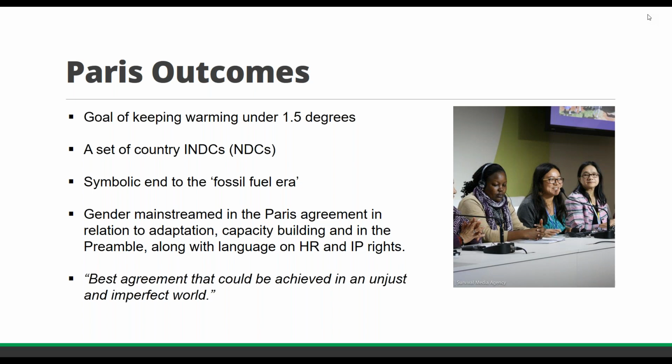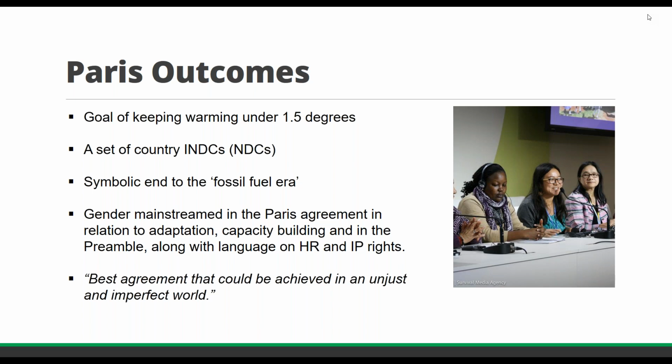And having that recognition was critical and important, and it's definitely something that was called for by many developing and small island states. You do have a set of country NDCs, not necessarily strong, but you have countries that have put forward contributions that gives the world something to benchmark or to review or to go back on.